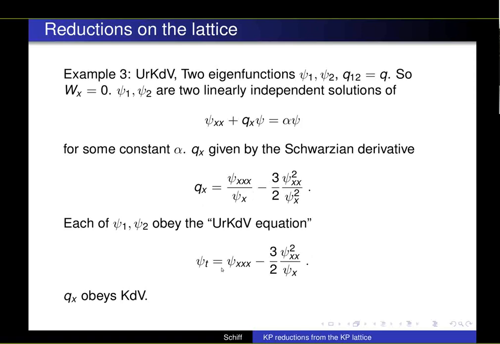This is to do with SL2 invariance. The Schwarzian derivative is the simplest SL2 invariant. So here the choice of psi1, psi2, these have to be linearly independent, but I can make a change of basis and it shouldn't change anything fundamentally. So we naturally get an SL2 invariant system.